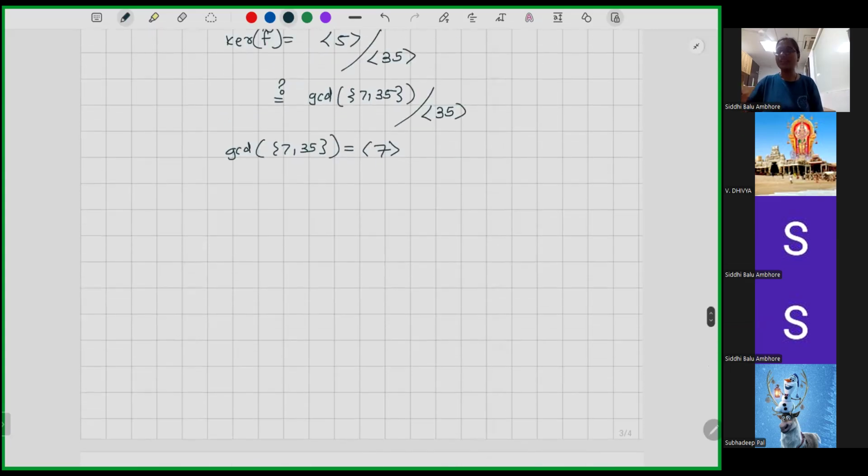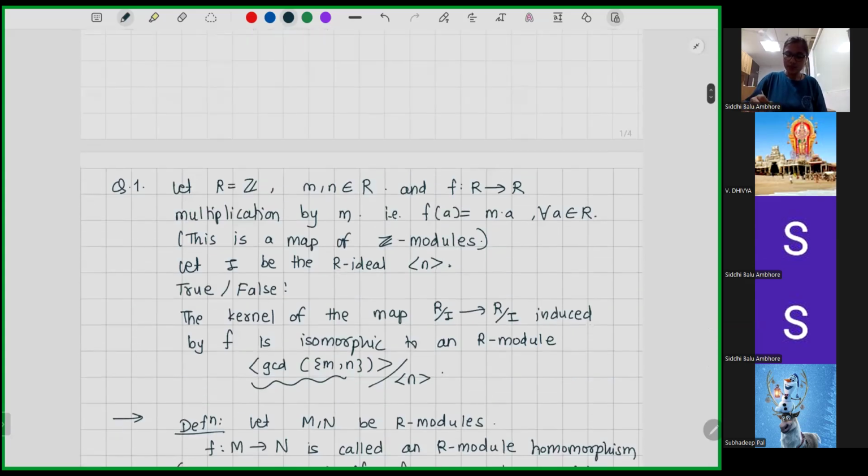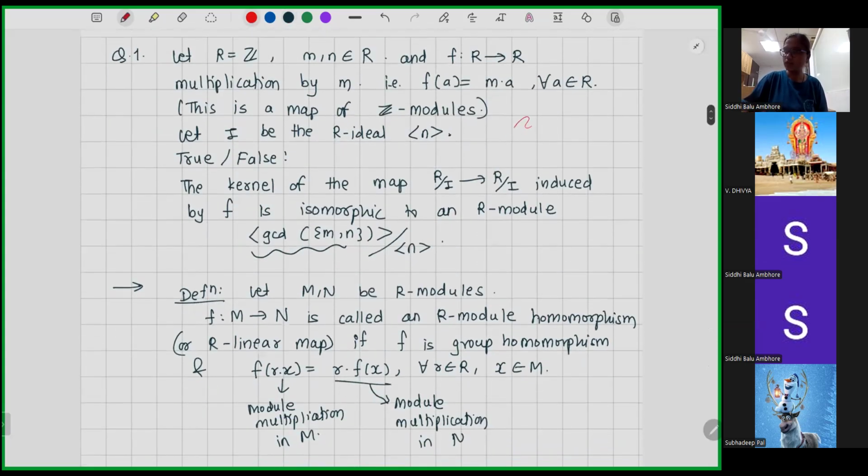At least let me know that you can hear me and what I'm saying is understandable. Okay, so therefore this statement is not true. This is false because this is not happening in this example.